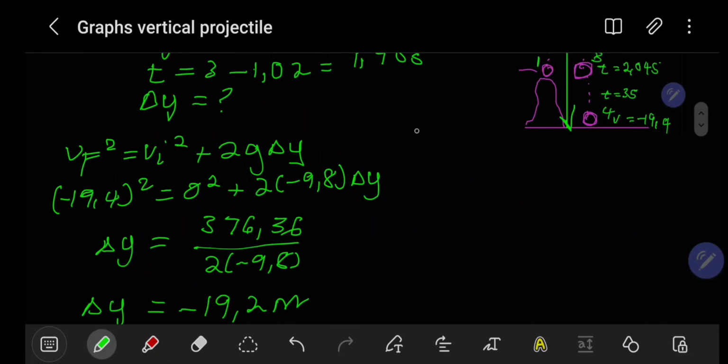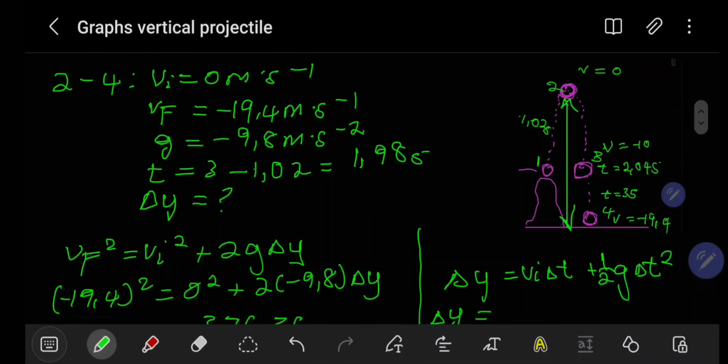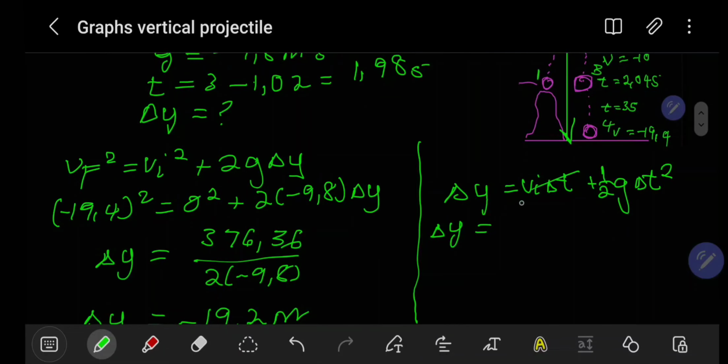Or someone can use a different formula and say change in displacement is equals to V initial times change in t plus half gravity times change in time squared. Then our displacement is equals to the initial velocity, remember, it's 0, so this term will go away.